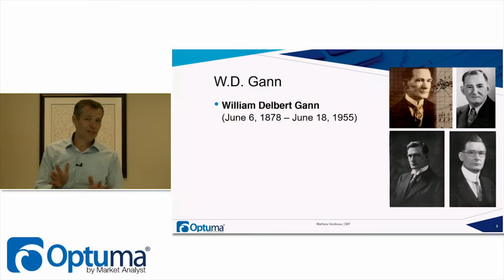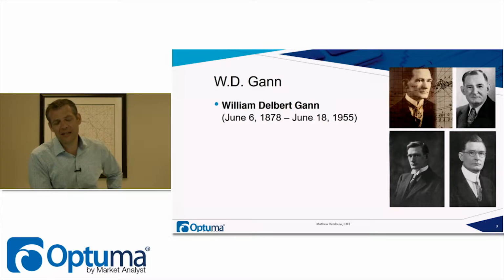So a little bit of history for those that have not heard of William Delbert Gann. He was born in Lufkin, Texas, in the late 1800s. And the story goes that he was on a train selling cigars and overheard discussions by businessmen who were talking about the trades they were making, and he asked for a job with a broker, and the rest, as they say, is history.